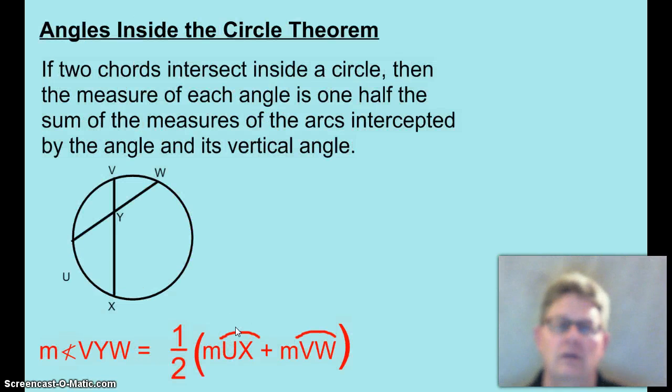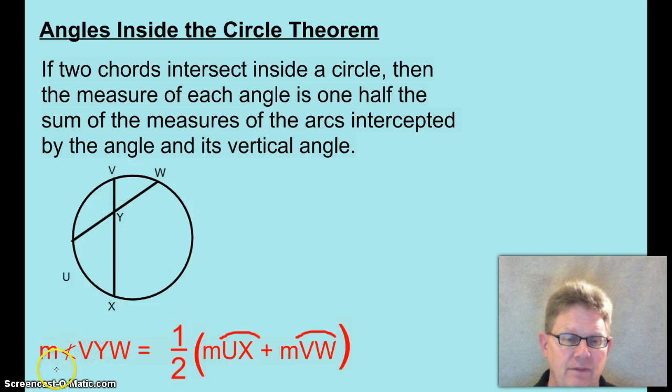Inside angles inside a circle theorem. If two chords intersect inside a circle, then the measure of each angle is half the sum of the measures of the arcs intercepted by the angle and its vertical angle.